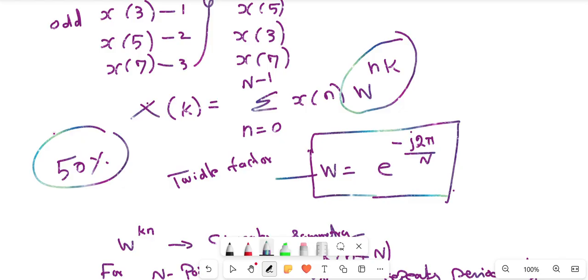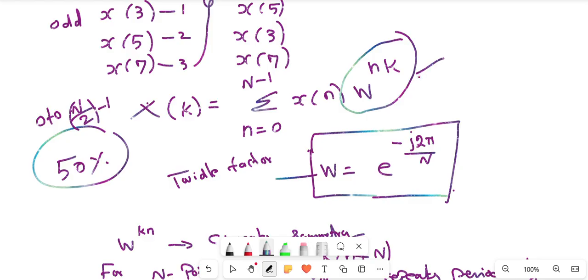And we are restricting the k value to the range 0 to N by 2 minus 1 only, which can be rewritten in two parts, odd and even part. One part is for the first half of the frequency points and the other part for the second half. So how can you write this equation now?